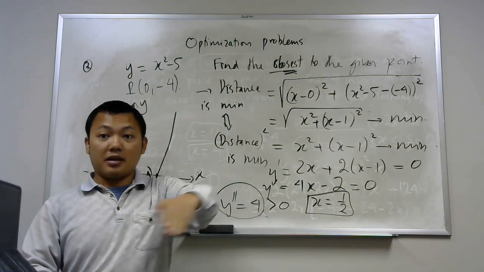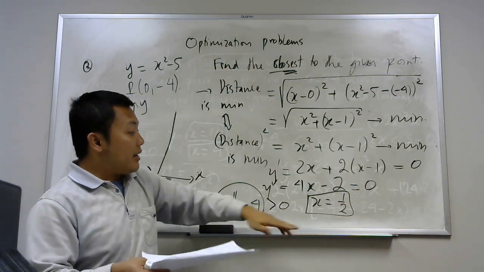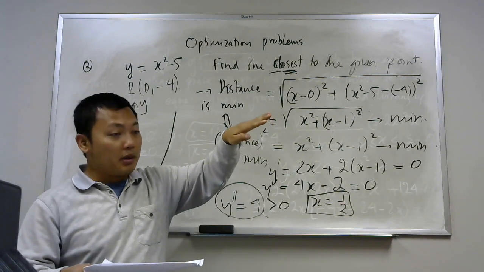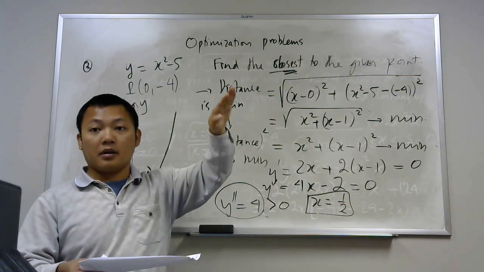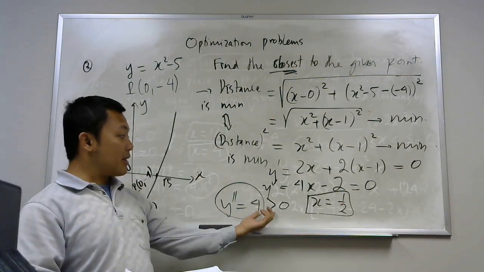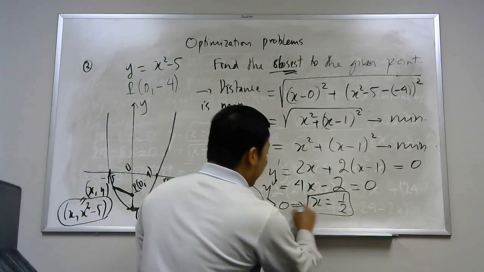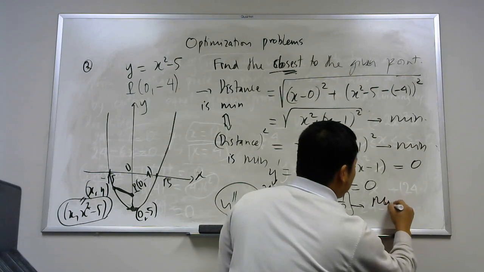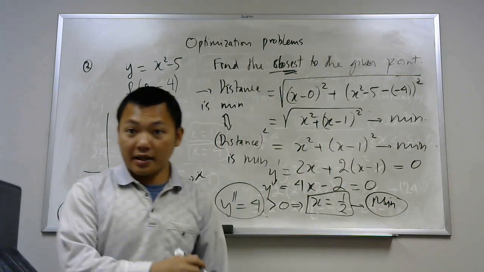So convex looks like this. In that case, the critical point should be a local, and not only local, but global minimum. Make sense? So since this is positive, I can conclude that this point is a minimum.